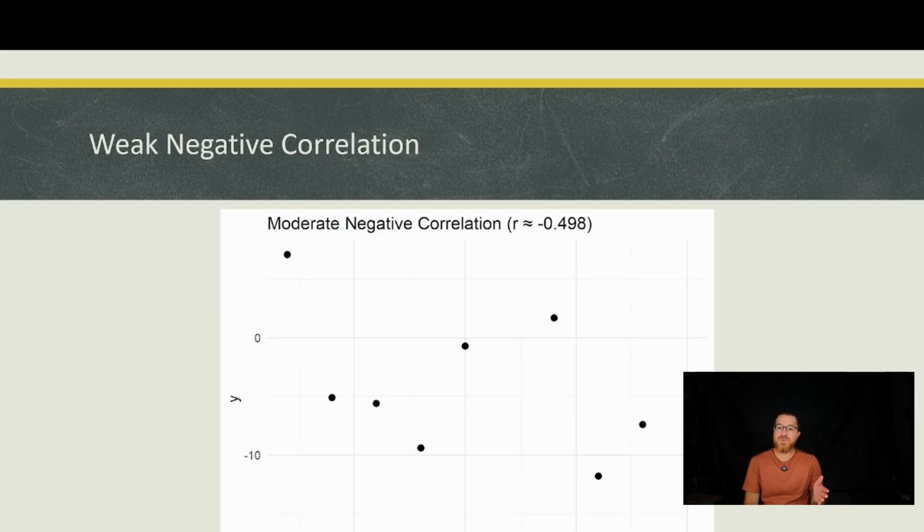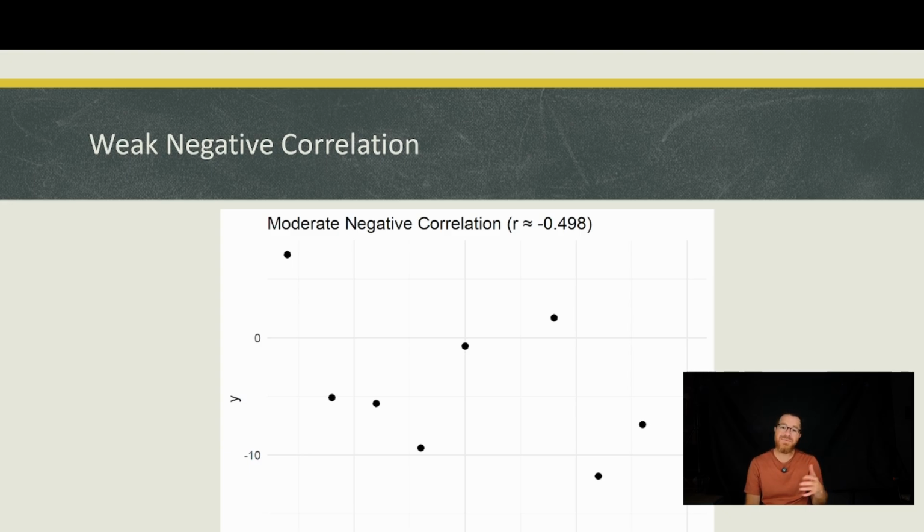Just like with the positive correlation, if you have values that are kind of in the middle, 0.4, 0.5, you might consider this a weak or a moderate correlation, depending on what thresholds you're looking for. So in this example, we have a negative correlation coefficient of R equals -0.498. So again, not really that close to -1, but also not that close to 0.